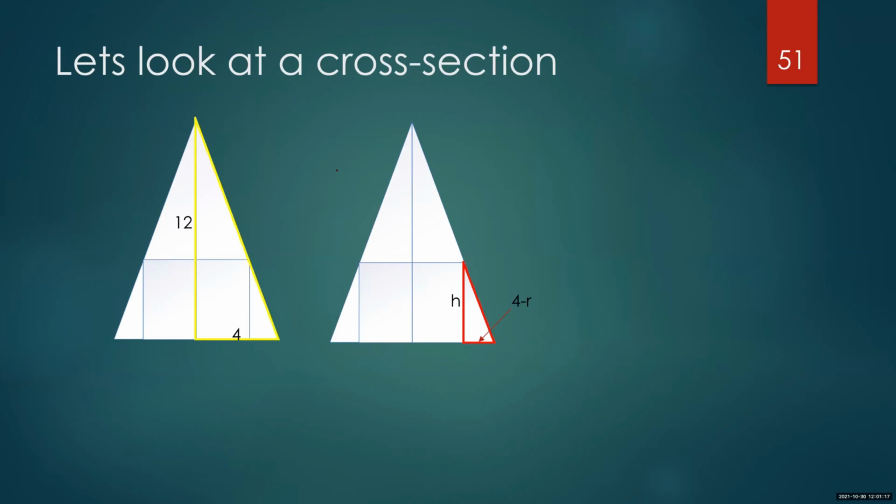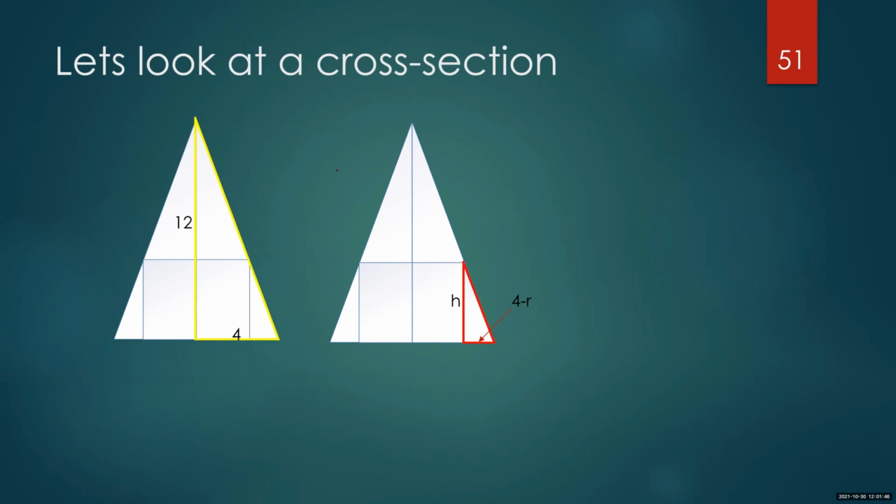So what I've done here is I've taken a cross section of the cone. You can see the height of the cone is 12 and the radius of the base of the cone is 4. On the right-hand side you can see that the height of the cylinder is h, and the radius is r.